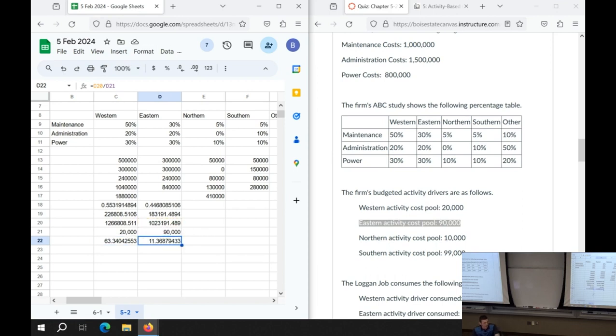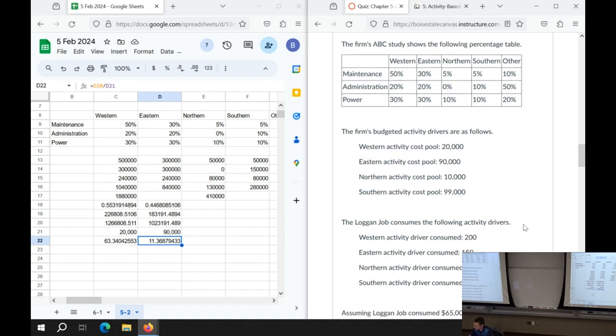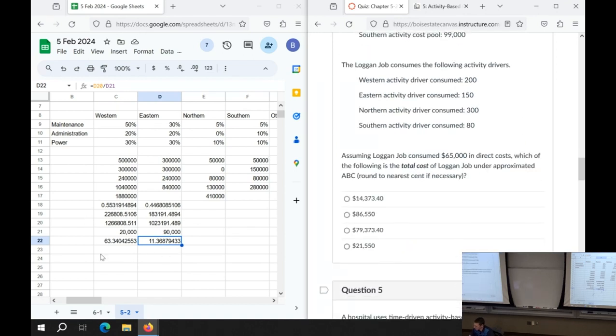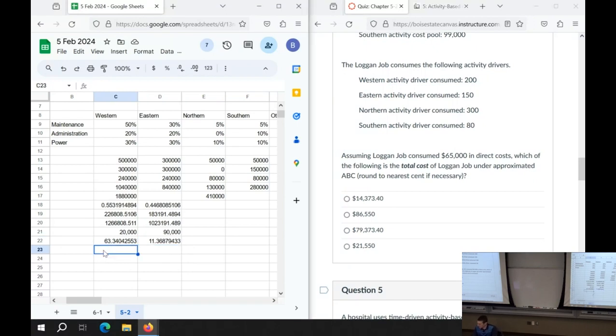But I'm not rounding it. I want to keep it pure. Let Excel handle many, many digits. Instead, now I know that the login job has $65,000 in direct costs. So now we're going to go down to login. So these are our activity rates. This is our normal ABC activity cost pools.